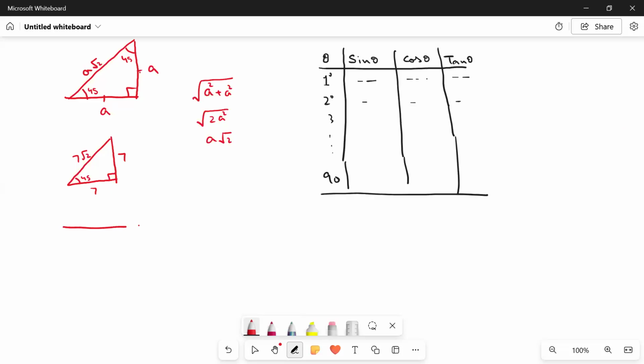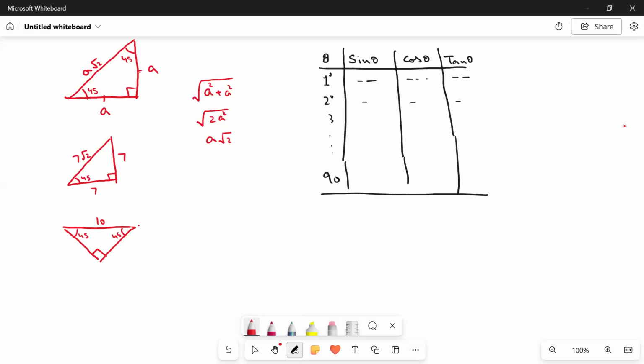Another case: let's say you have this triangle, and this angle is 90 degrees, and this is 45, and this is 10. So the hypotenuse is 10 this time. If this is 45, this must be 45 as well, right? Now if this is 10, how much is this side?